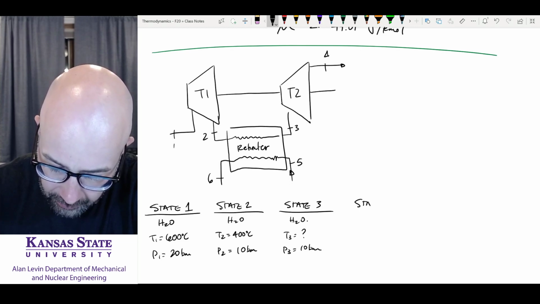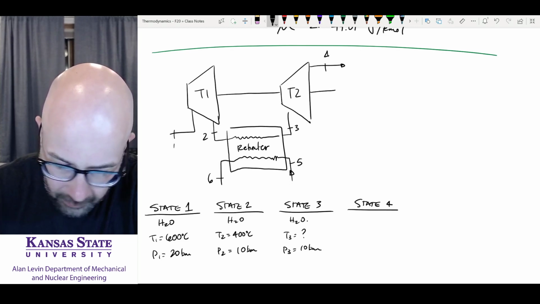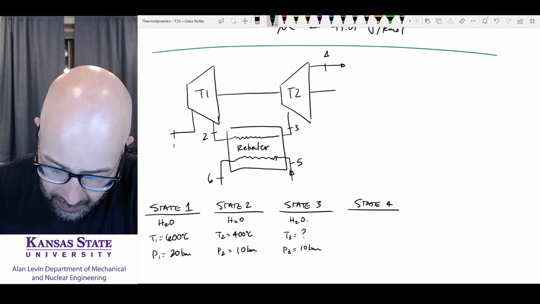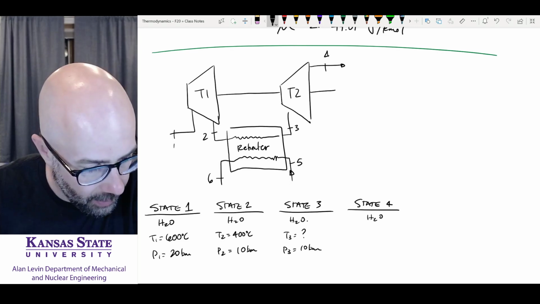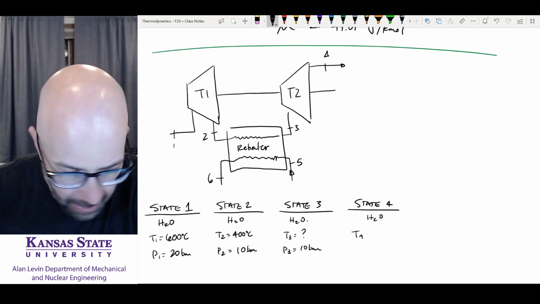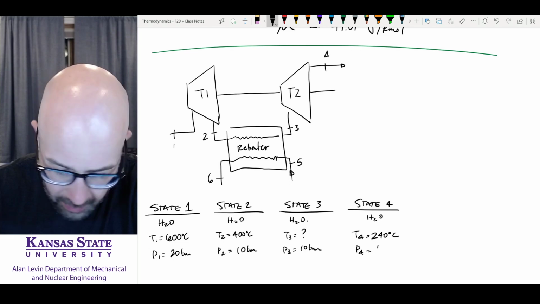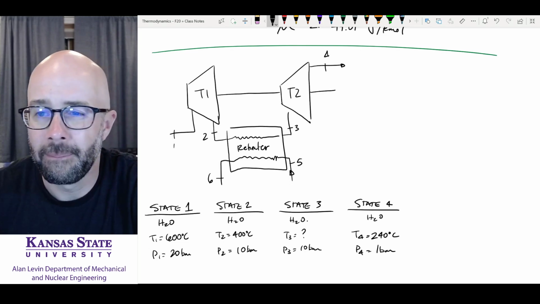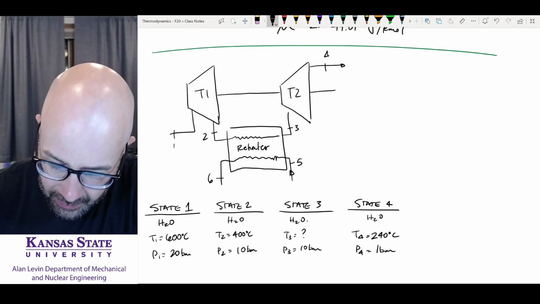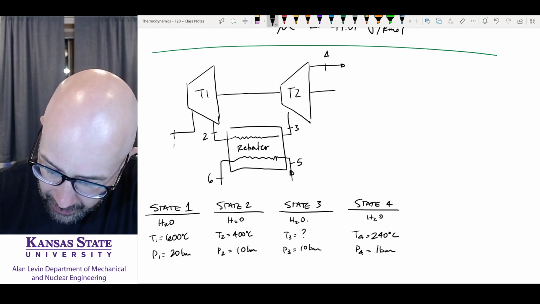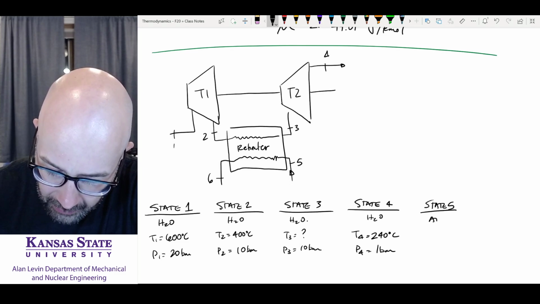State 4. We now know that it's still water, and we know that the temperature at 4 is equal to 240 degrees Celsius, and we're down to pressure 4 equal to 1 bar. Okay? And let's look at states 5 and 6. State 5, this is going to be air.